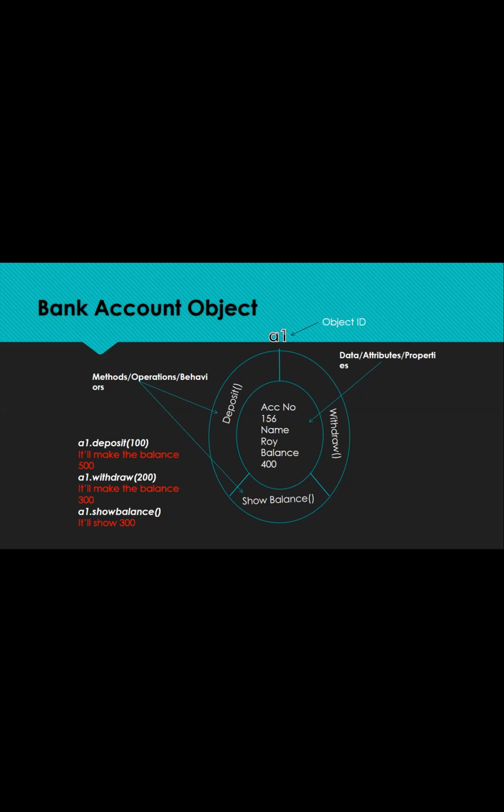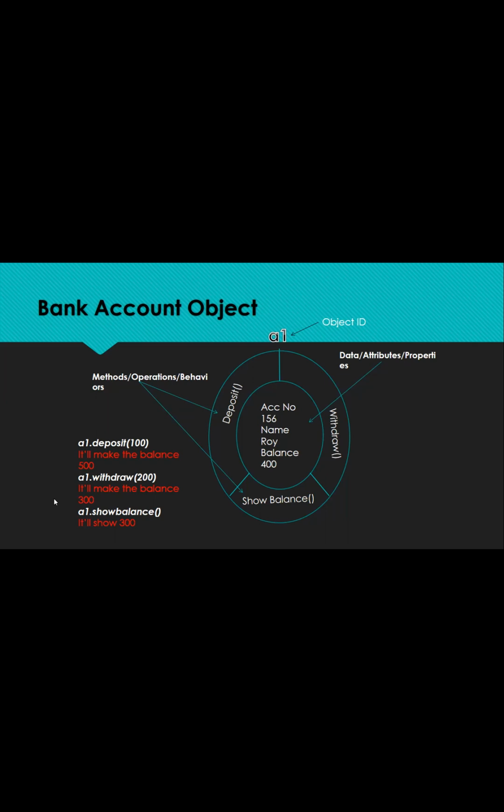If the object A1 deposits 100, the balance would become how much? 500. Very good. 500 is a value, isn't it? The value will be changed. Already it was 400. That is why I said attributes can change. Okay, values change, don't they? So the value called balance here changes.